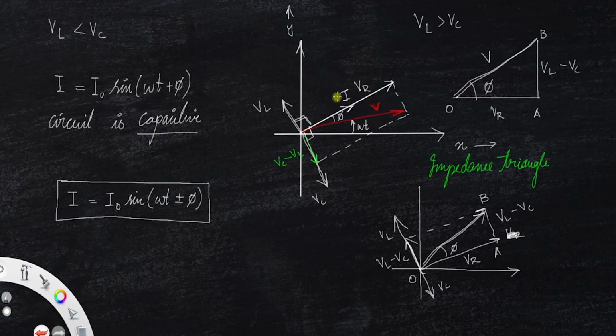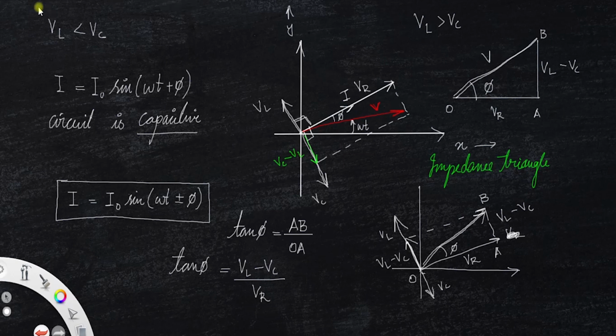When you take the value of tan, we have tan phi is equal to opposite, that is AB, upon the adjacent OA. That is, tan phi is equal to VL minus VC divided by VR.